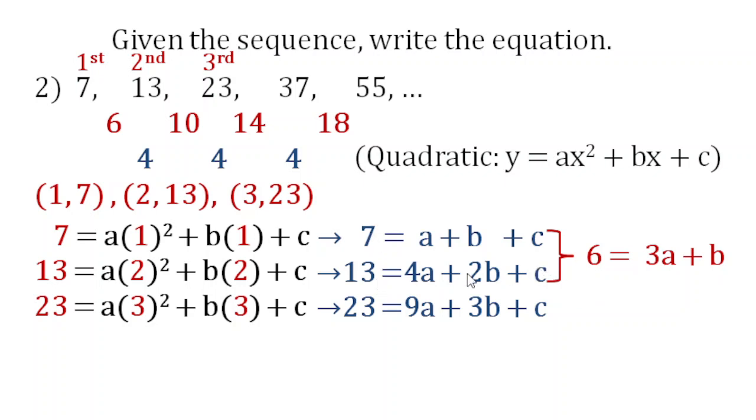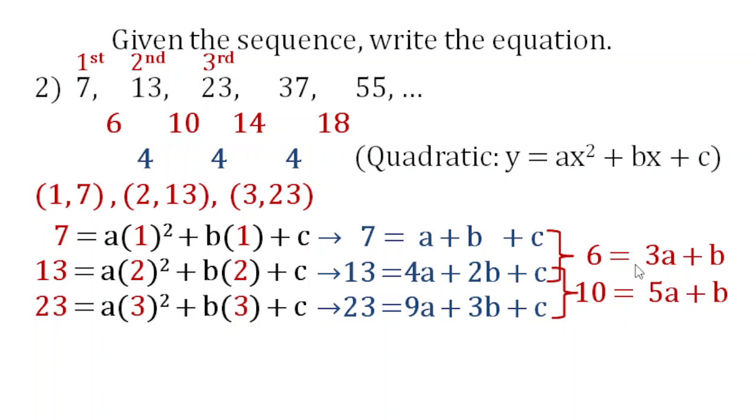And also solving simultaneously equations 2 and 3, equation 3 minus equation 2, we have c minus c is 0, 3b minus 2b is also b, then 9a minus 4a is 5a, and then 23 minus 13 is 10.